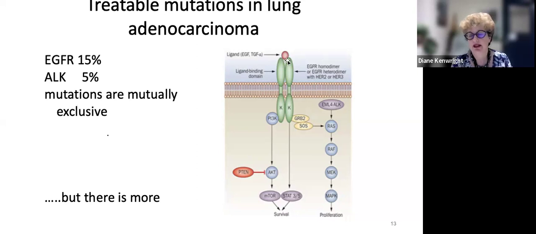And then it activates this pathway through the mTOR path and the MAPK path, leading to increased survival and proliferation of cancer cells. So if we can switch it off by blocking this receptor, then of course this pathway will be switched off for a while until the cancer cells mutate and work around it.